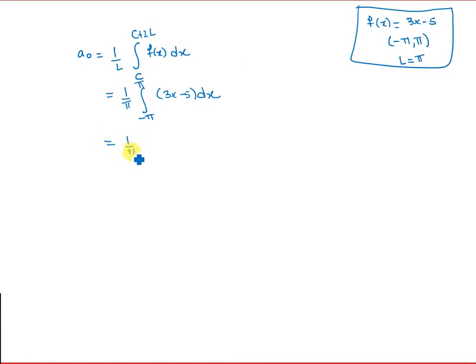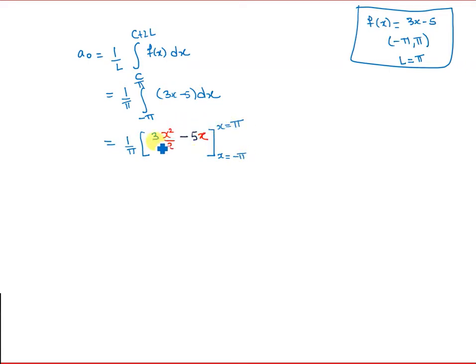So this is 1 over pi integral of 3x. So 3 is the same, integration of x will become x square by 2, minus 5 times, as there is no x, integration of 5 is 5x. Okay, then the limits are from minus pi to pi.